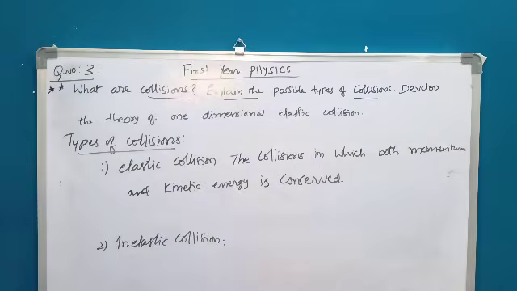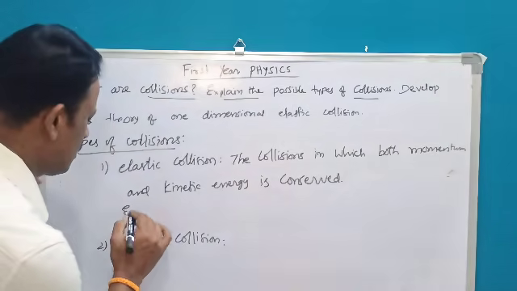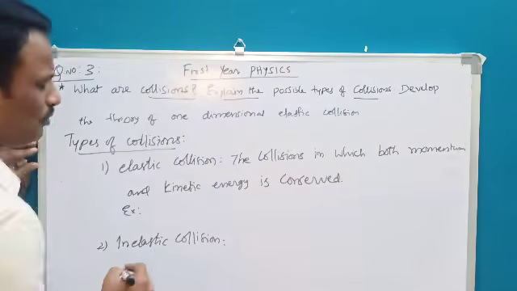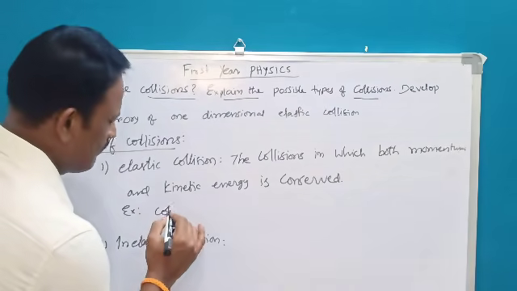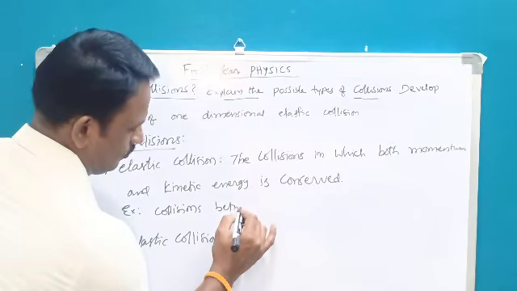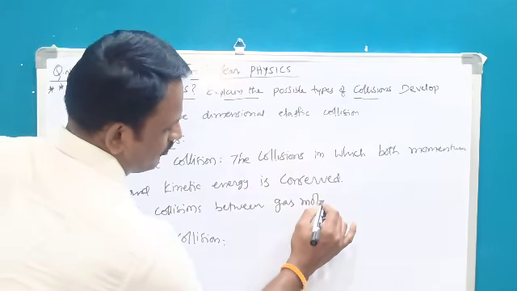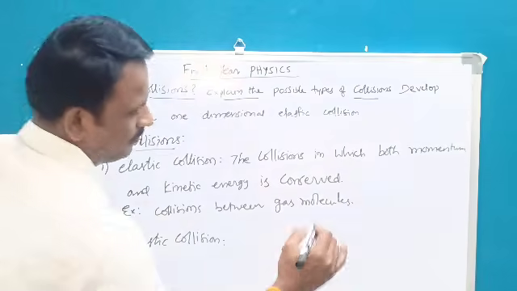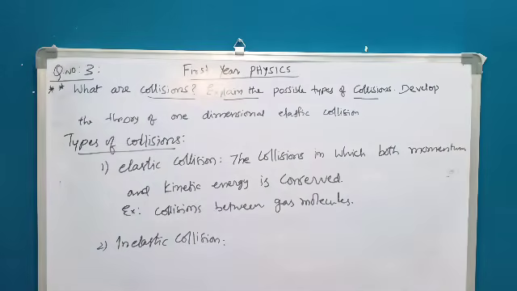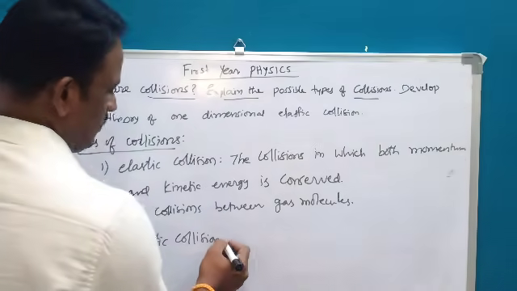The collisions in which both momentum and kinetic energy is conserved. Example, you can write if you are able to. Okay, simple collisions between gas molecules. Collisions between gas molecules.